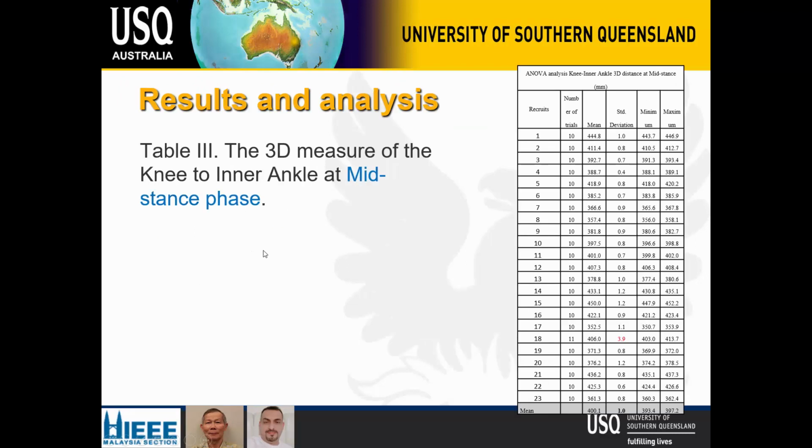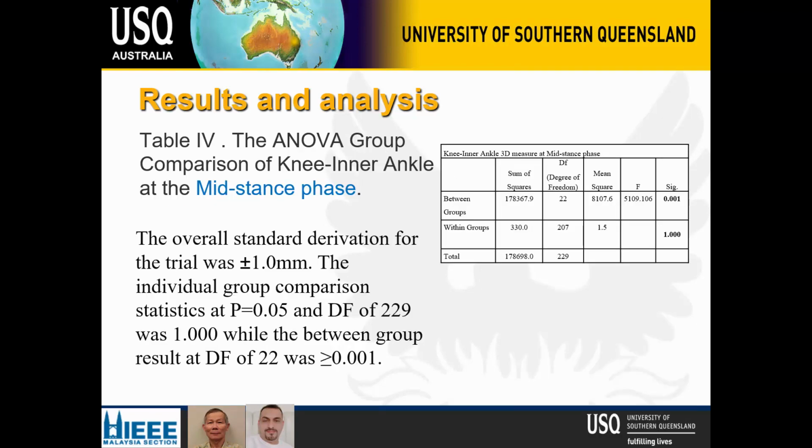Results and analysis. Table 3, the 3D measure of knee to inner ankle at the mid-stance phase. Table 4, the ANOVA group comparison of knee to inner ankle at the mid-stance phase. The overall standard deviation for the trial was plus or minus 1 millimeter.